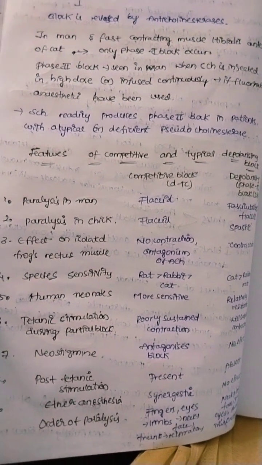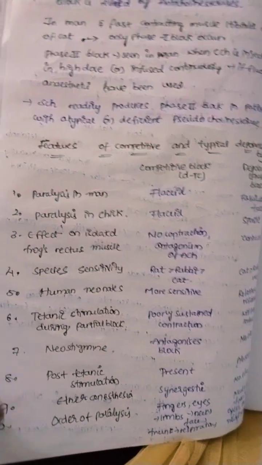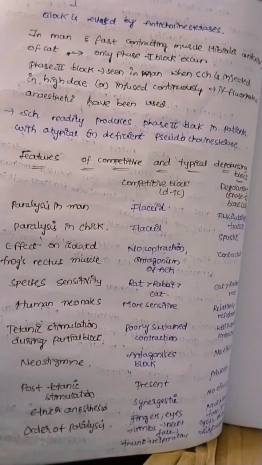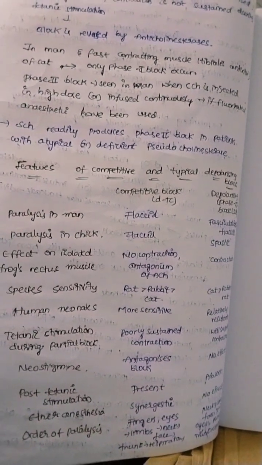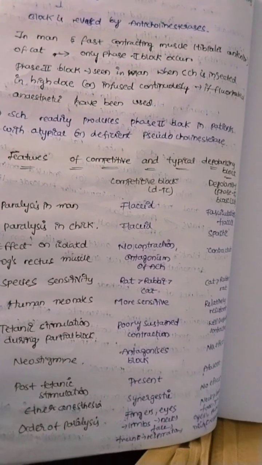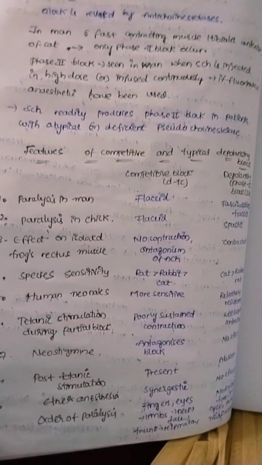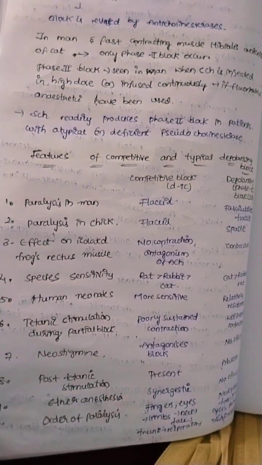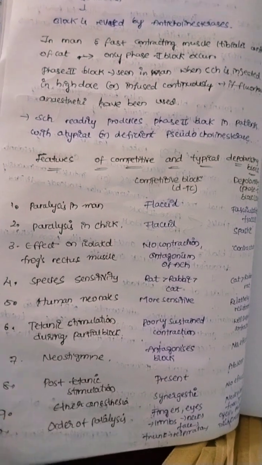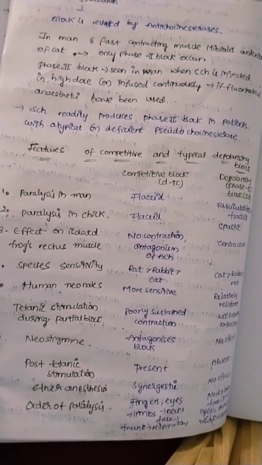Human neonates are more sensitive to D-tubocurarine, and relatively resistant to the phase 1 depolarizing blockade. Tetanic stimulation during partial block: poorly sustained contraction with D-tubocurarine and well sustained contraction with succinylcholine.